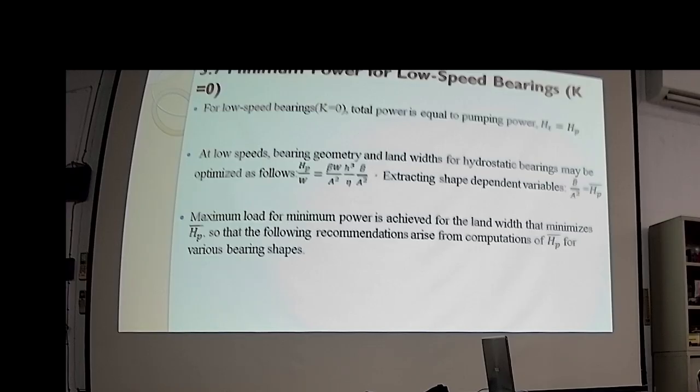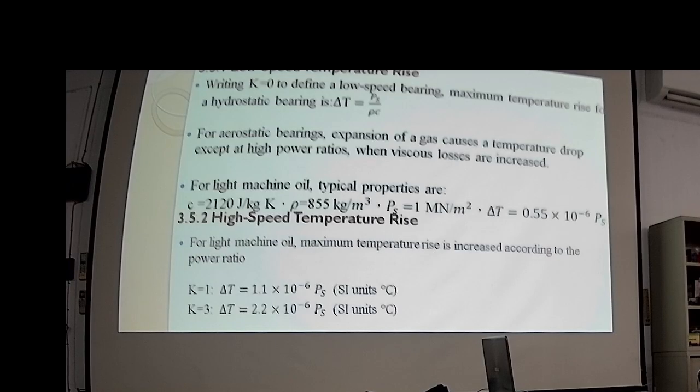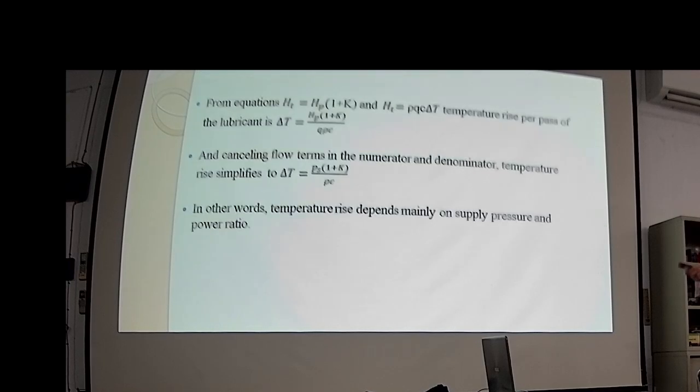So we have different assumptions here. For the low speed bearing, we assume k equals to 0. And k equals to 0, then we have this total power, HP. So originally, total power is equal to HP multiplied by 1 plus K. So K equal to 0, so this one is HP.